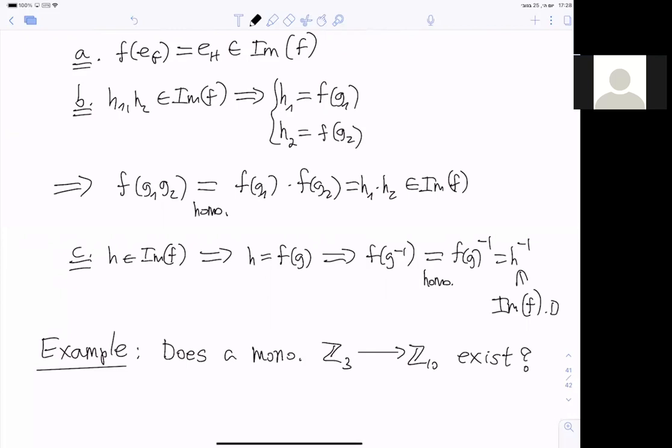This is the question. Can we find a homomorphism from Z3 to Z10? This is my question.